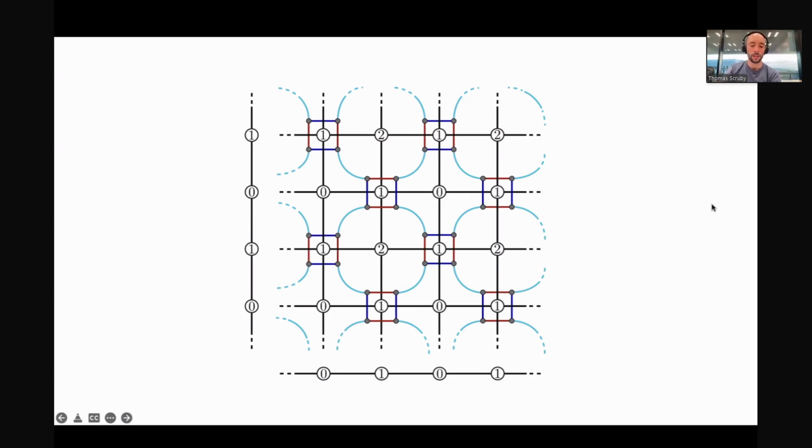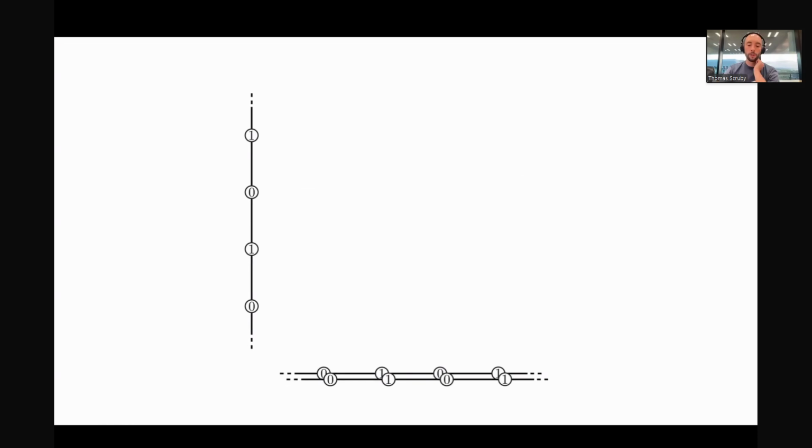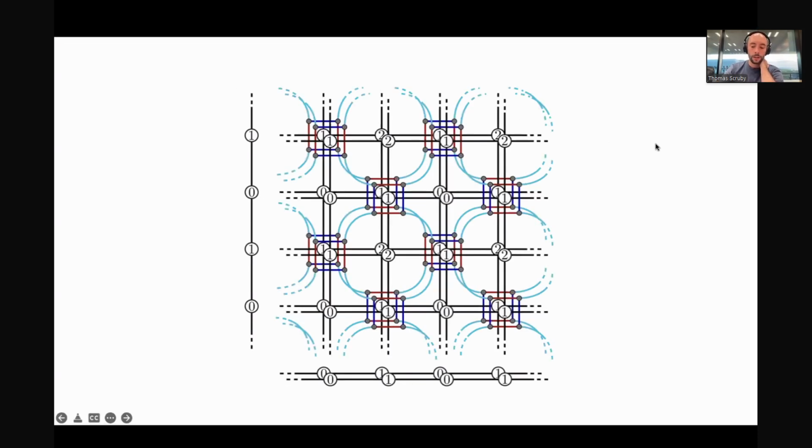But if I was instead to take this product, so I have now 2 cycles here and 1 cycle here, then I get 2 square grids, one in front of the other, and the simplex graph for this will look like just 2 of these color code lattices placed one in front of the other, right?